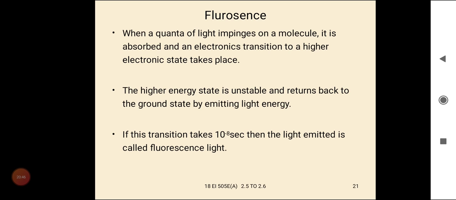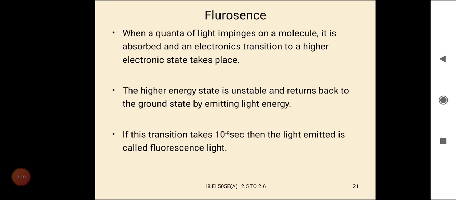If the transition takes place within 10 to the minus 8 seconds, then the light emitted is called fluorescence light.